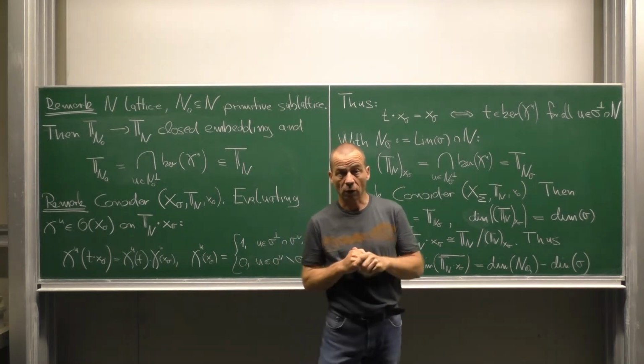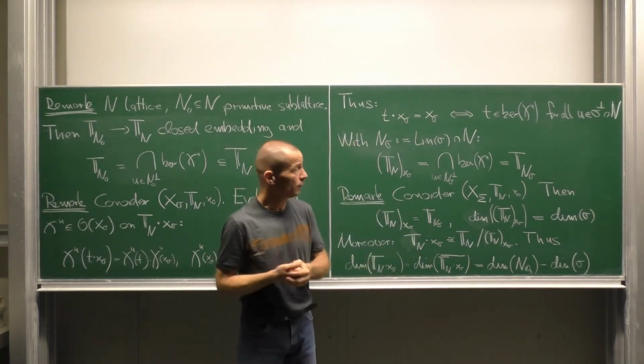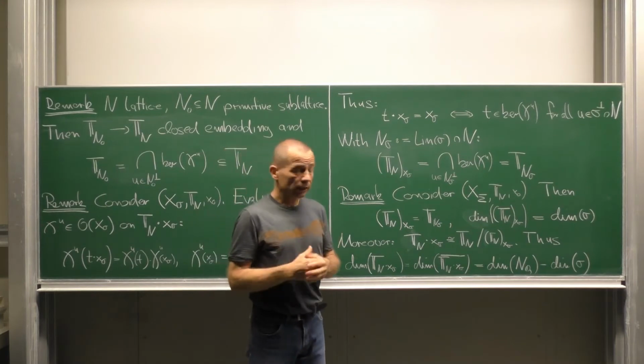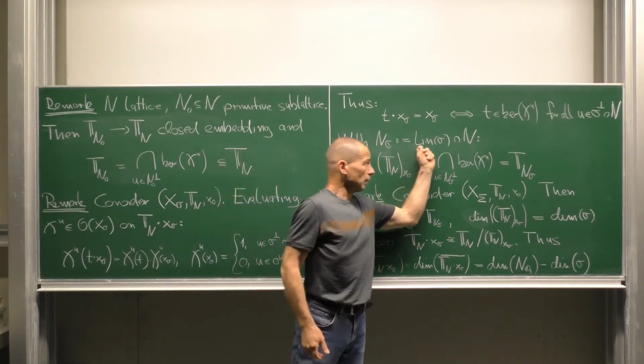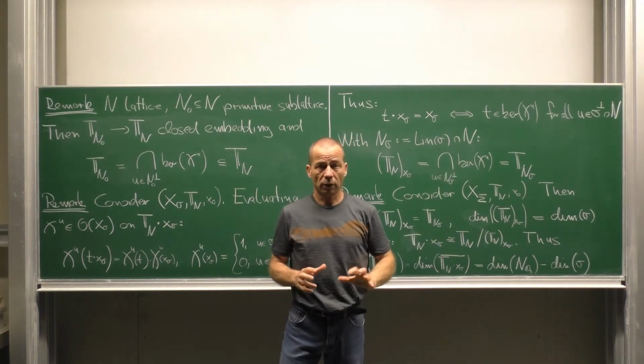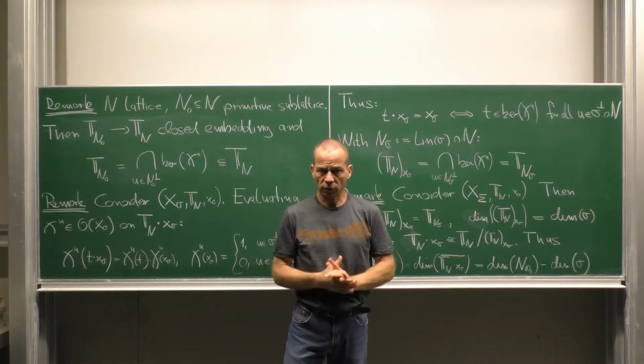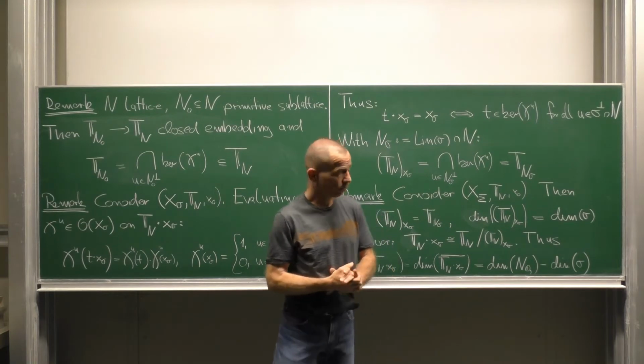This allows us to write down the isotropy group in the affine case. Define a sublattice N_σ of N as the linear space generated by σ intersected with N. This is by construction a primitive sublattice.